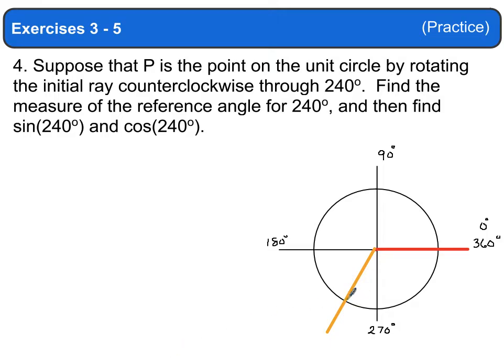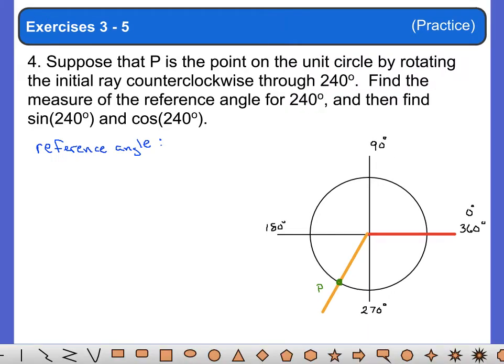And so what we're curious in is finding this point P that is right there. So what I need to create is my reference triangle so that I can find my reference angle. That is going to be the angle I'm going to use so I know what special right triangle to develop. So to make this work, I will draw a line straight up to the x-axis, and where it intersects the x-axis, I'm going to come across to the center of my circle.